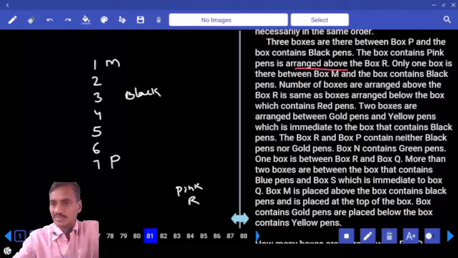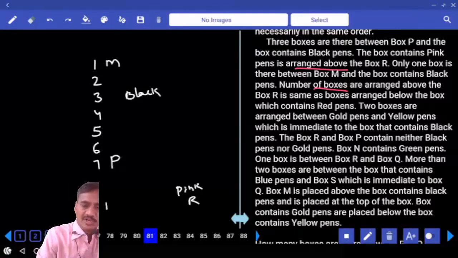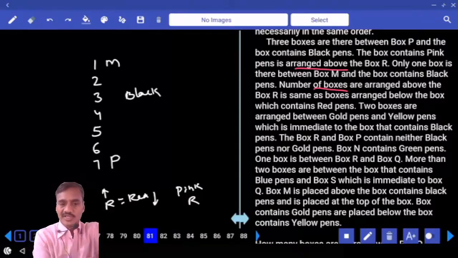And next one, the number of boxes arranged above R is the same as below red. Above R is the same as the number of boxes below this red. And where can we have this R?